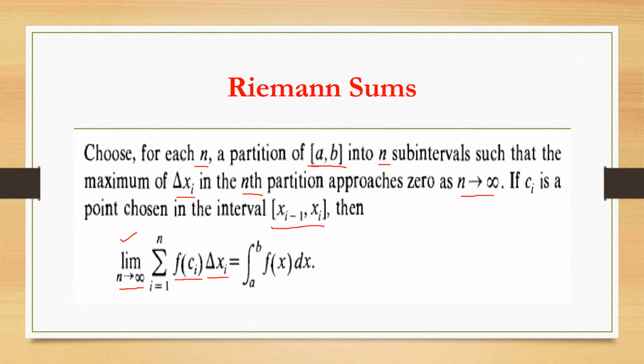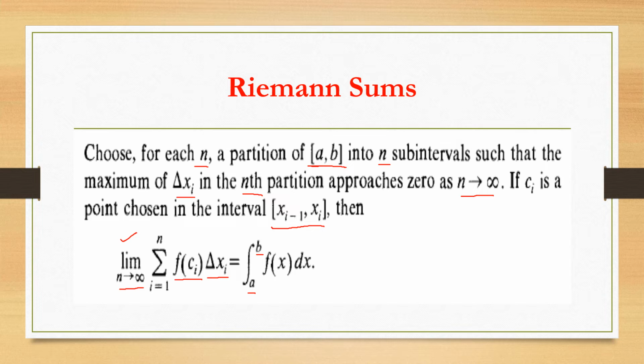The interval given, in other words, we see that the lower limit is a and the upper limit is b. So our main interval is [a, b]. We divide this interval into n subintervals such that the maximum of delta xi in the nth partition approaches 0 as n approaches infinity.